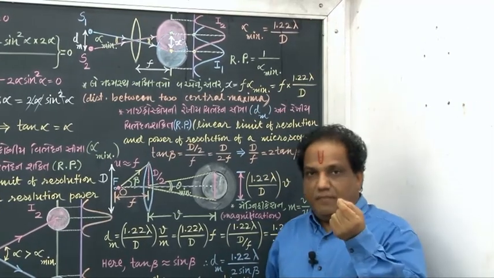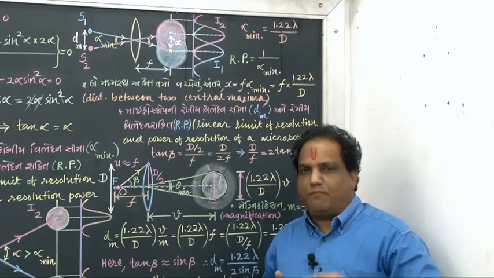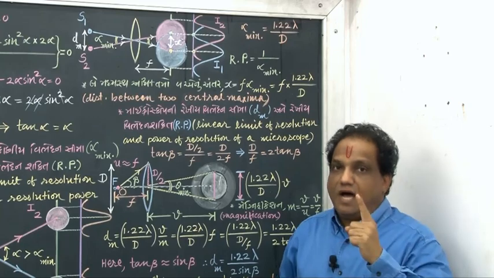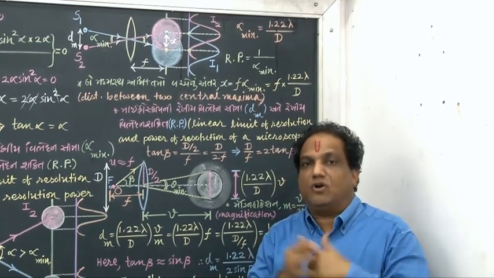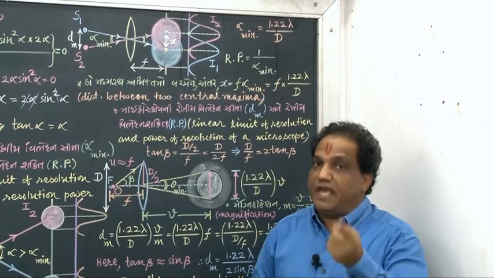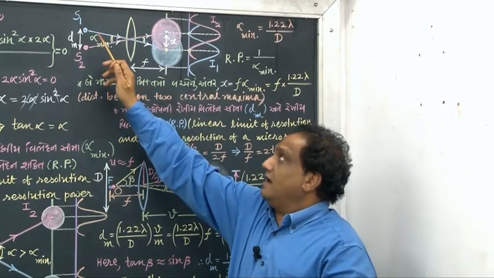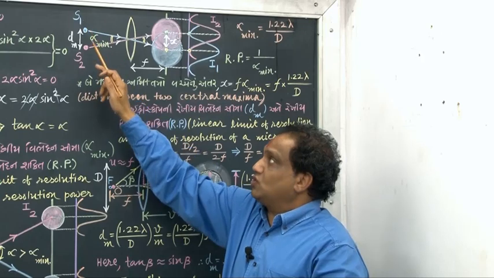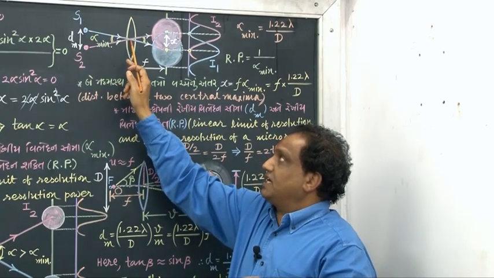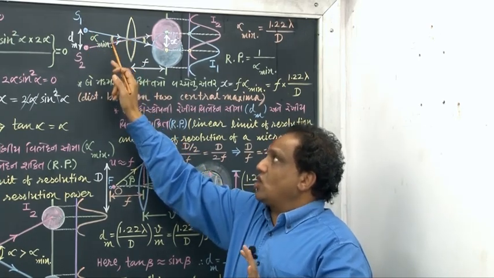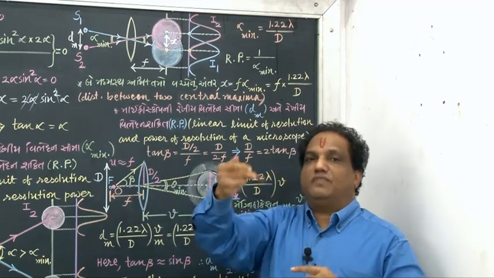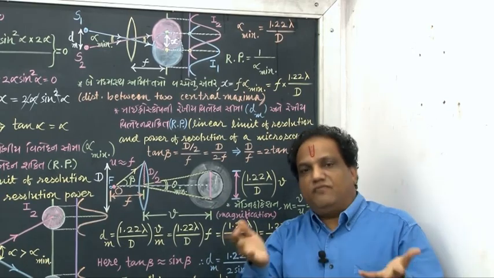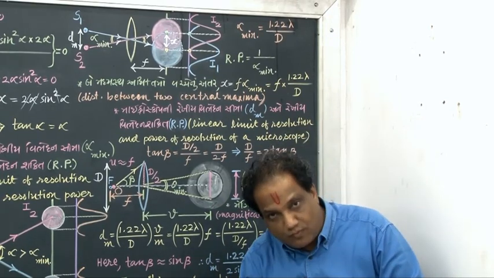When images of two closely lying point-like objects are obtained just separate using a given optical instrument, the angle subtended by light rays coming from those two objects at the objective of that instrument is called the angular limit of resolution of that optical instrument, which we have taken at present as a telescope.